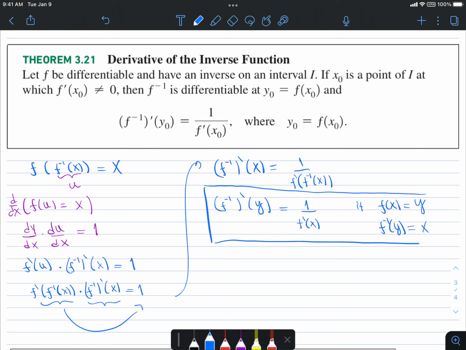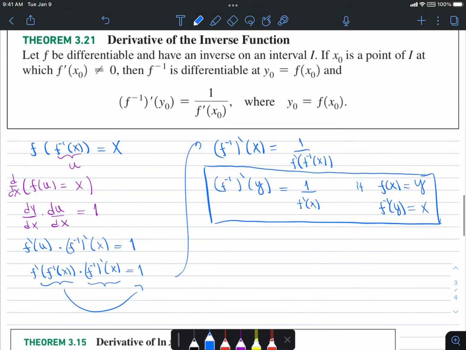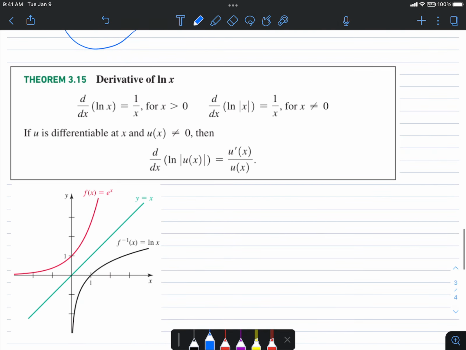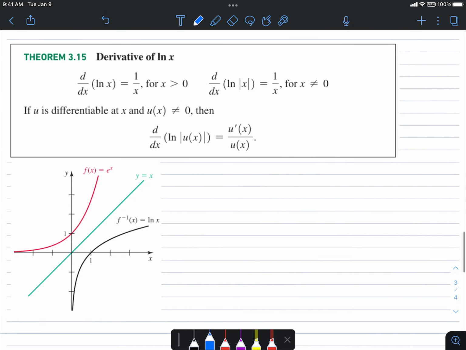And I understand this may not help you, so I'll repeat this now with a concrete example with exponents and logarithms. So what do I do if I want to find what the derivative of ln x is? You see the answer on the screen, but how do I get to it? I'll consider e to the ln of x.